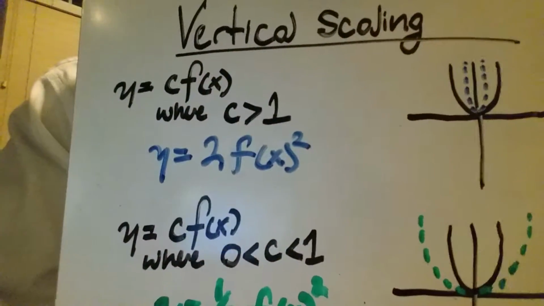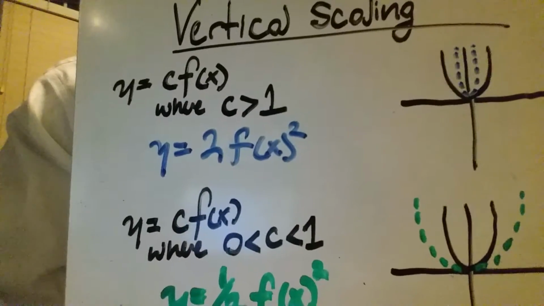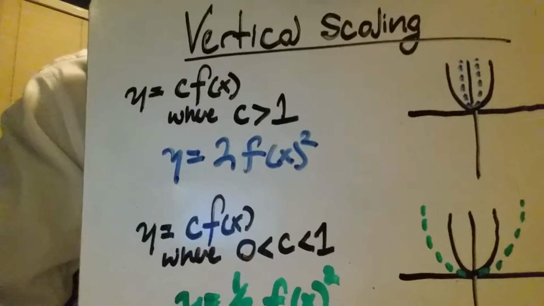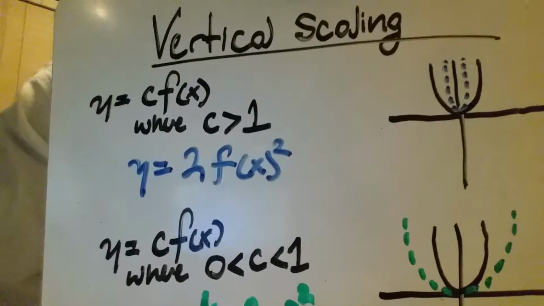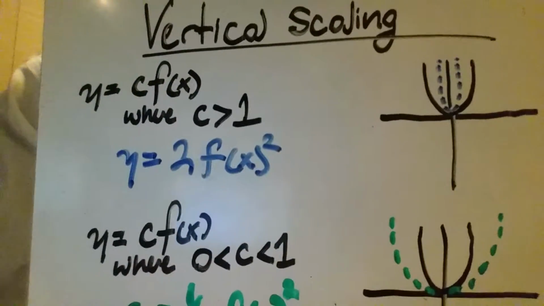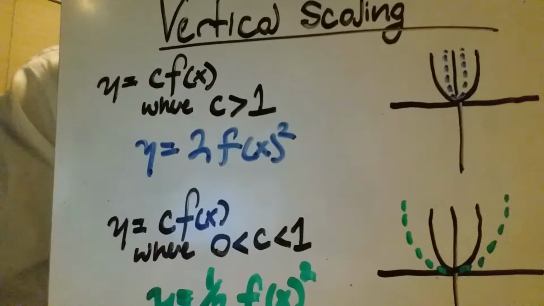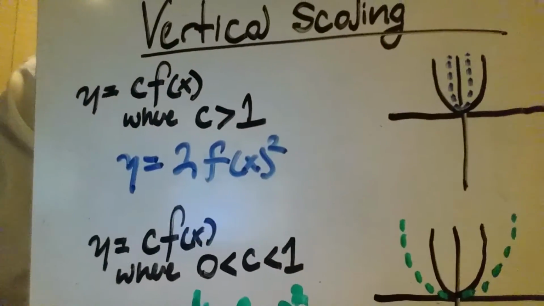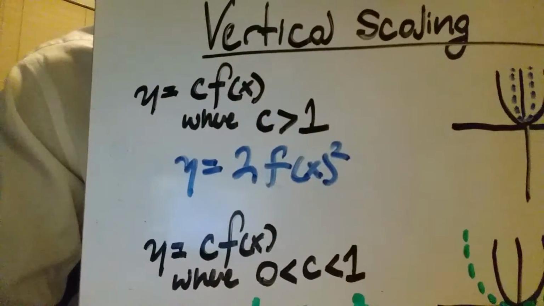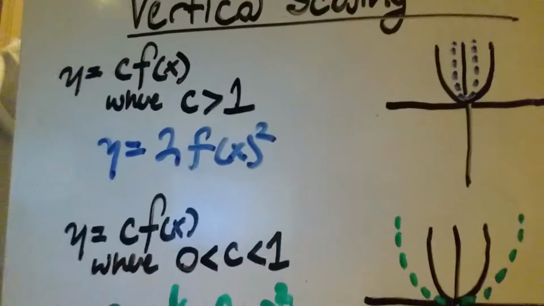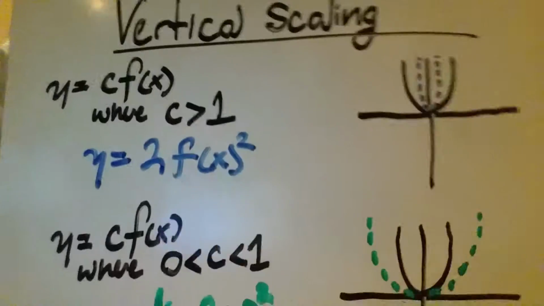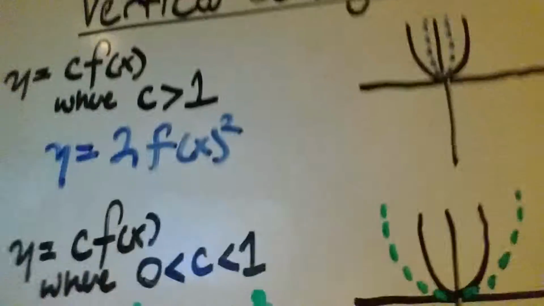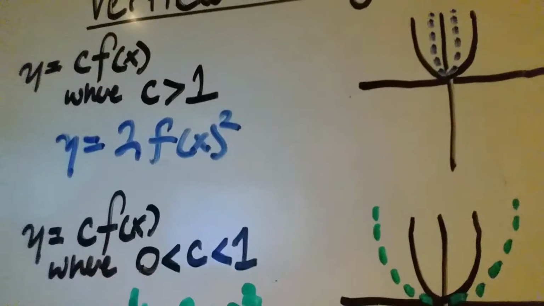So in this case, when your c is greater than 1, you will actually make it skinnier than what you normally would. And how you're going to do that is you're actually going to stretch it, and when you stretch it, you're actually going to pull it up and down the y-axis.